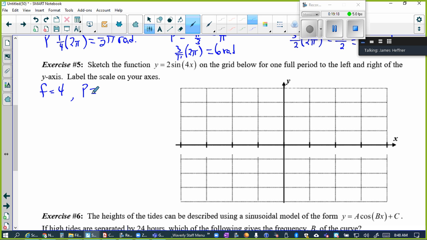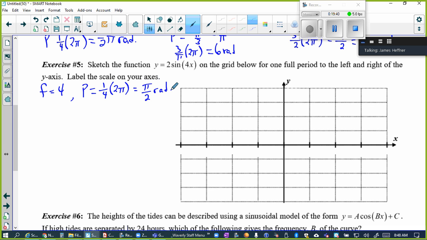What's the reciprocal of 4 over 1? 1 over 4, 1/4 of a normal 2 pi, and that'd be 1/2 pi, which is pi over 2 radians.